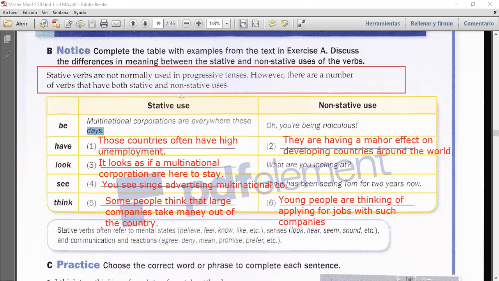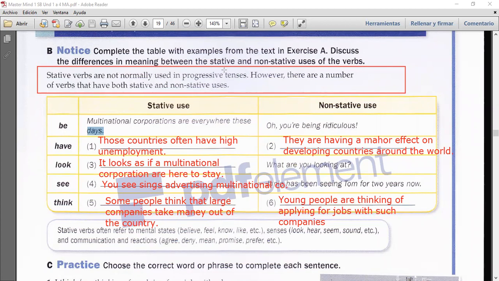However, there are a number of verbs that have both stative and non-stative use.